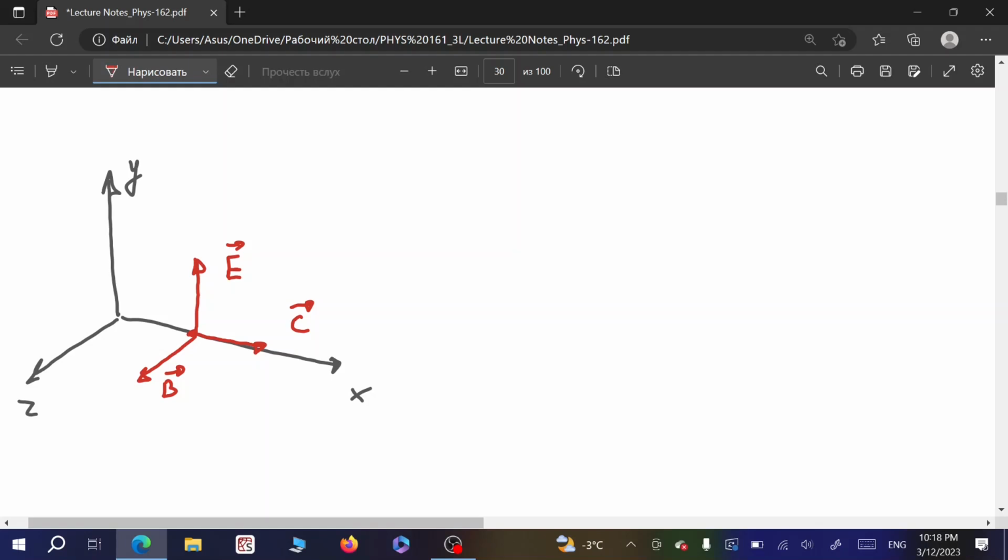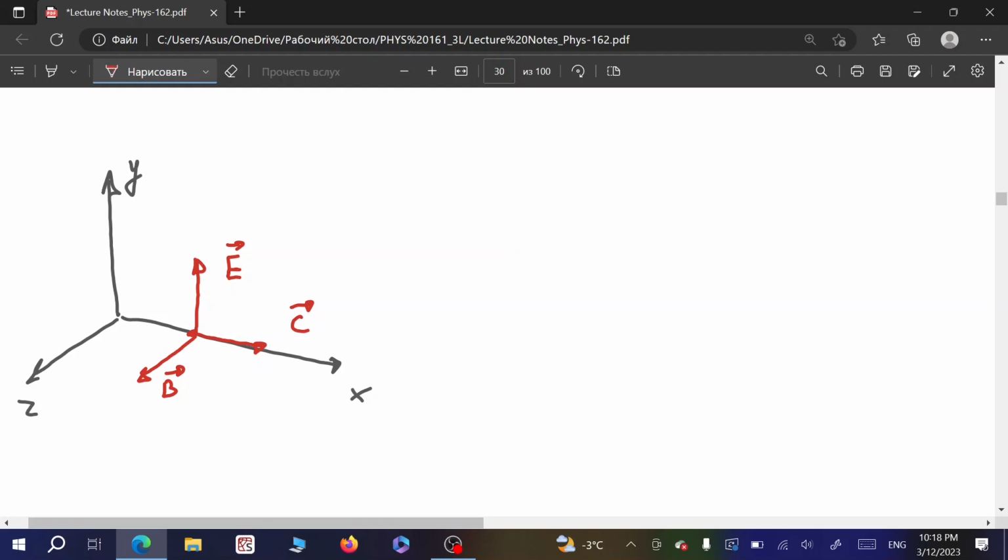However, when we align them in such a way that they are parallel to axis y and axis z respectively, we can consider that we deal with linearly polarized electromagnetic wave, which travels along axis x with velocity c.